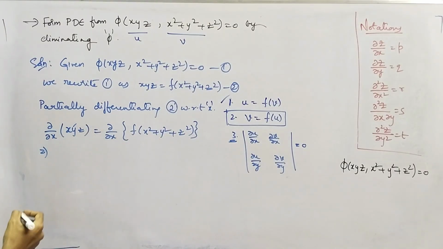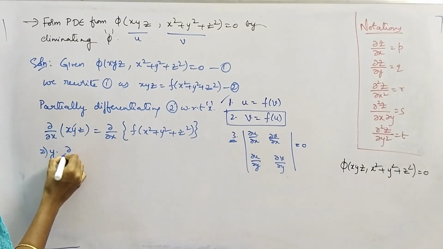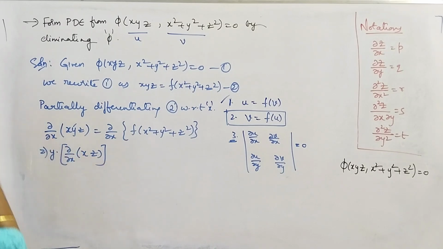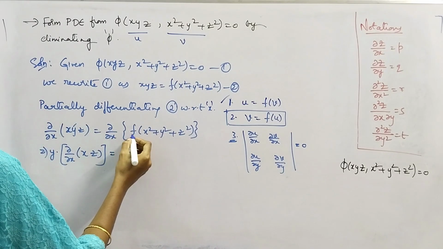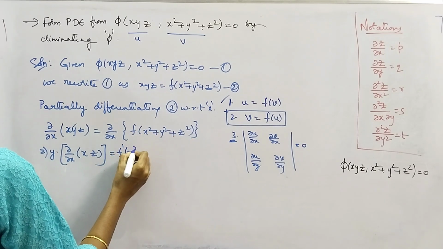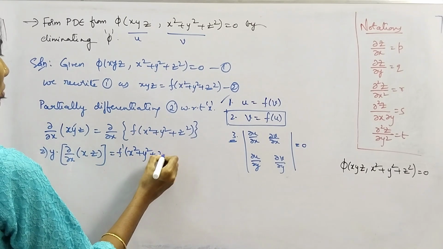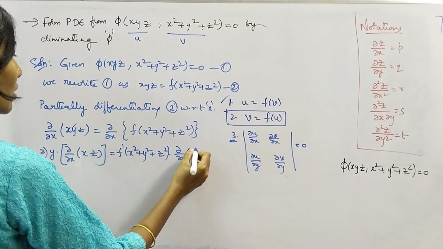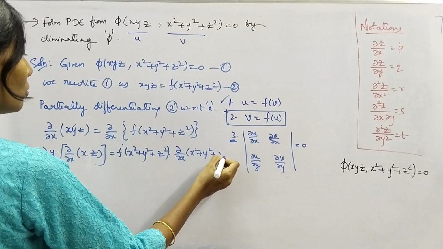Since y is treated as constant here, I will write it as y into dou by dou x of xz, equal to the partial derivative of f of x square plus y square plus z square, which is f dash of x square plus y square plus z square into dou by dou x of x square plus y square plus z square, an inner derivative.